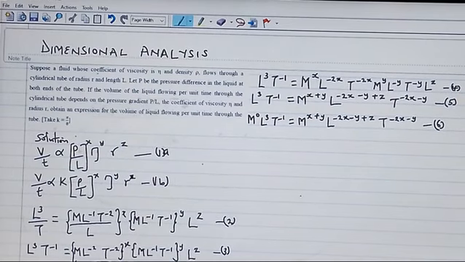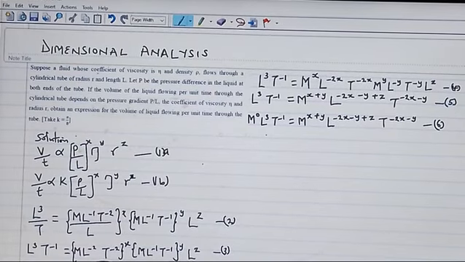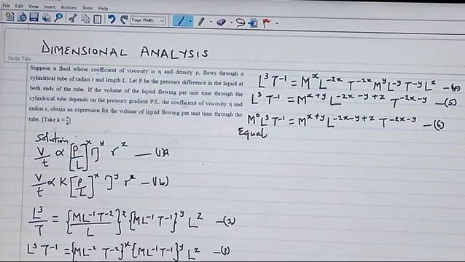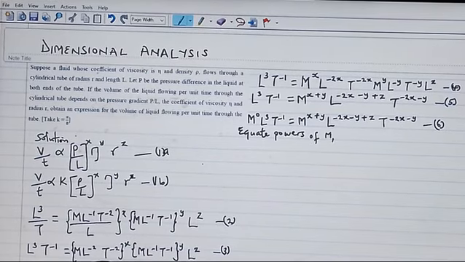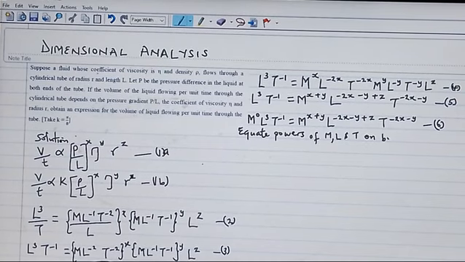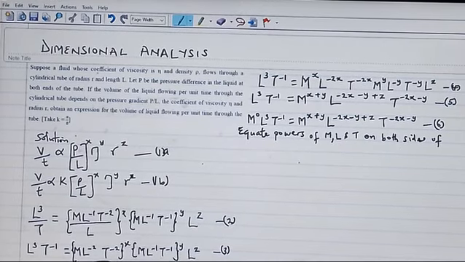So all we need to do now is to equate the powers of m, l, and t on both sides of equation 6.